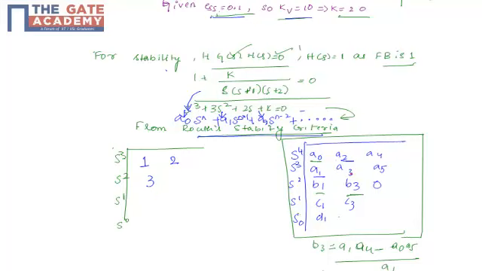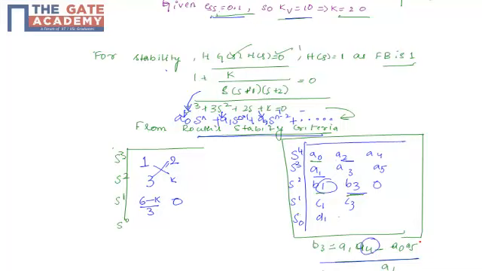A3 is K. In order to find B1, we do the cross multiplication, and we obtain (6 minus K) by 3, and B3 is obtained using the same formula.